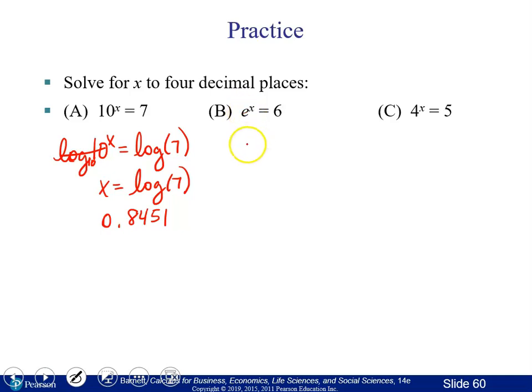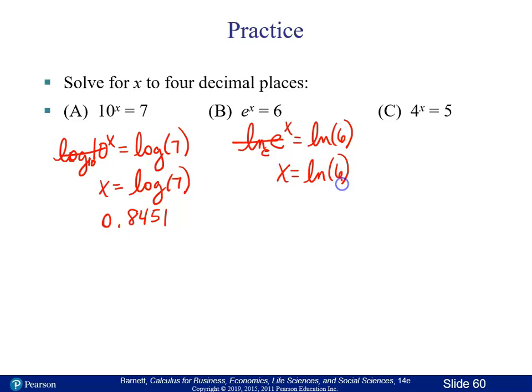This one with a base of e, certainly we want to use ln. Okay, and because ln has an understood base of e, that means that those two cancel. So anytime you see ln and e paired directly side by side like that, they're going to cancel each other out. So x is going to be the natural log of 6.